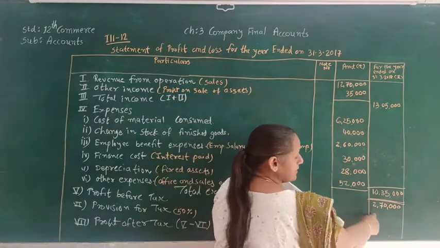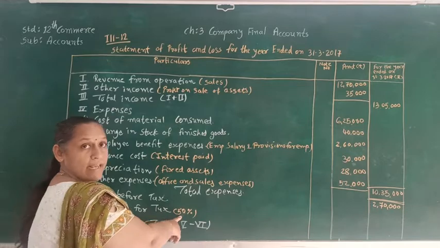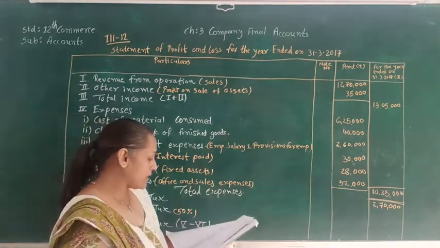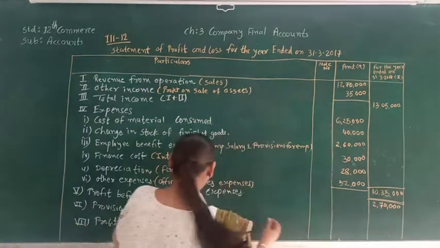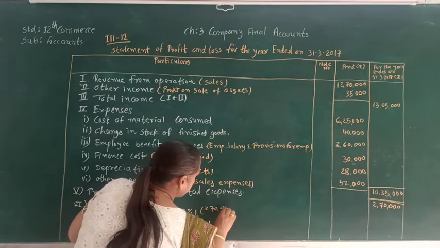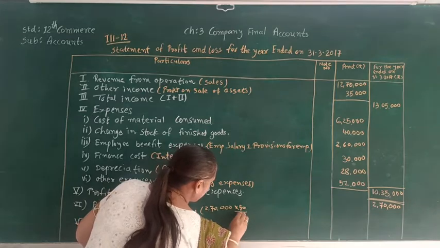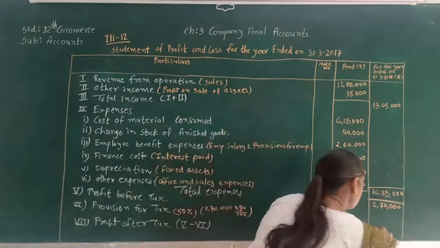Here it is 2,70,000, and we can see that the tax provision is 50%. So 50% of 2,70,000 we have to deduct, and how do we calculate it? 2,70,000 into 50 upon 100. So that will be 1,35,000.